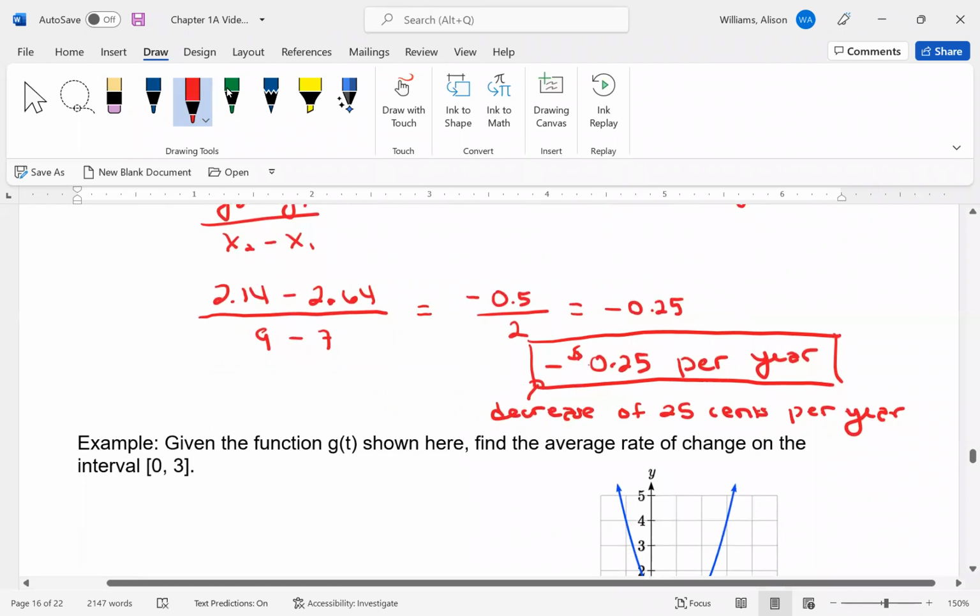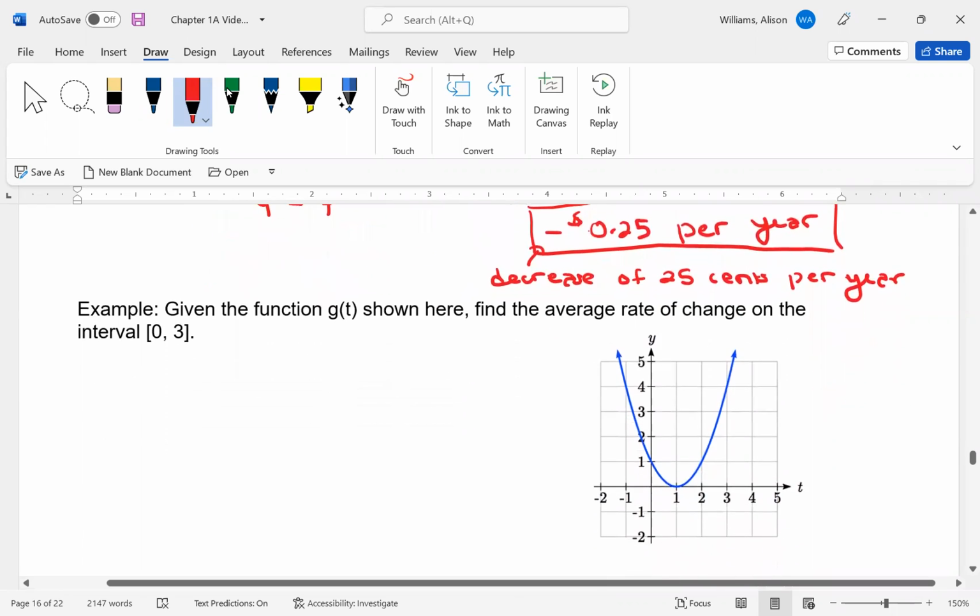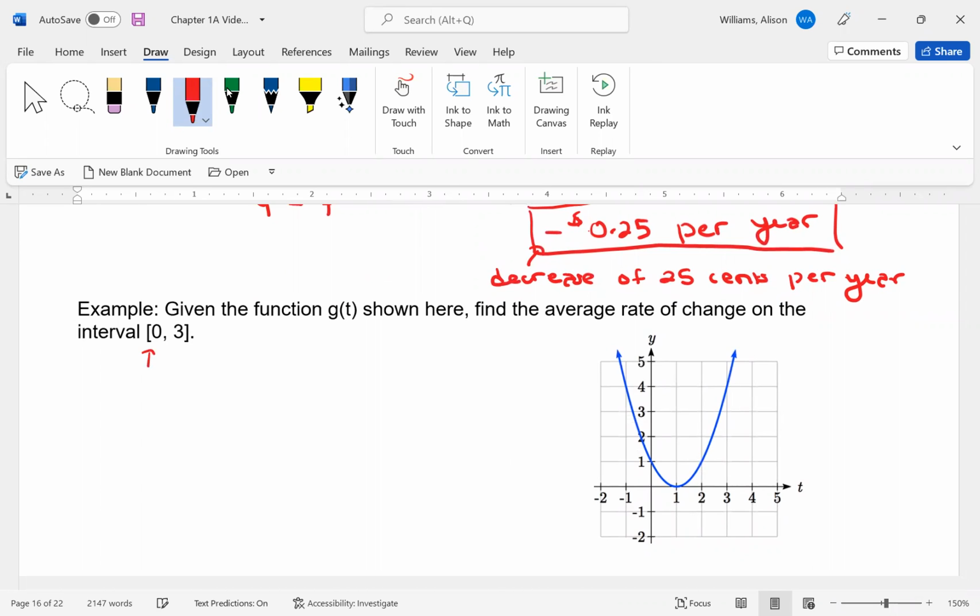Okay, so let's extend this to a graph this time. Given this function, we're asked to find the average rate of change on the interval from 0 to 3. What this is referring to are two different X values: this would be our first X value, and this would be our second X value.